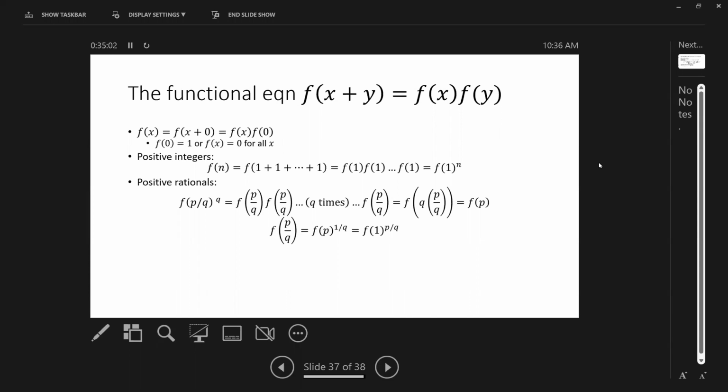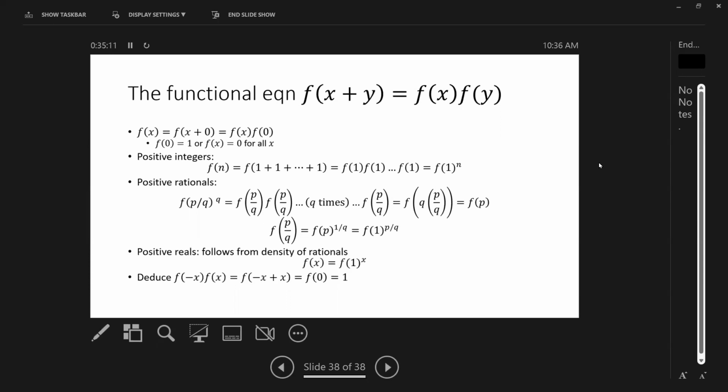Now we have f for positive integers and positive rationals. The next step up actually suffices to determine what f is on the positive reals, because the rational numbers are dense in the real numbers. And if you want f to be a nice continuous function, it turns out that you have to have f of x equal to f of 1 to the x for any positive real number x.